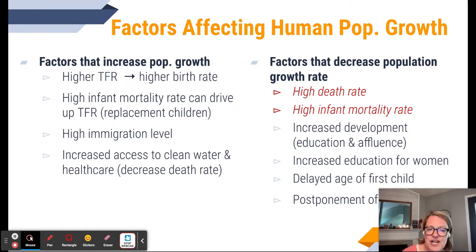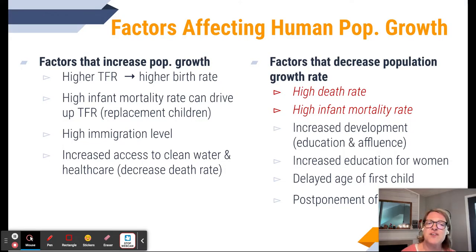Then there's a high immigration level. If there's a lot of immigration into a country, that country is going to experience increased population growth. And then increased access to both clean water and healthcare. Clean water and healthcare are two factors that cause the population to grow quite substantially.